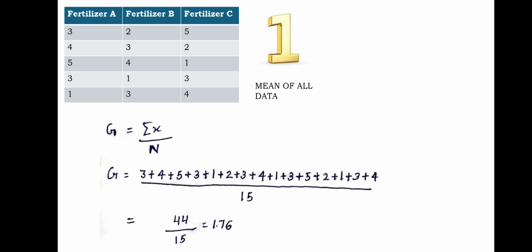It is the summation of all the plant growths divided by the number of plants, which is 15. The sum of all the data is 44 centimeters, and we divide it by 15, so the mean of all data will be 1.76. This is the first step.